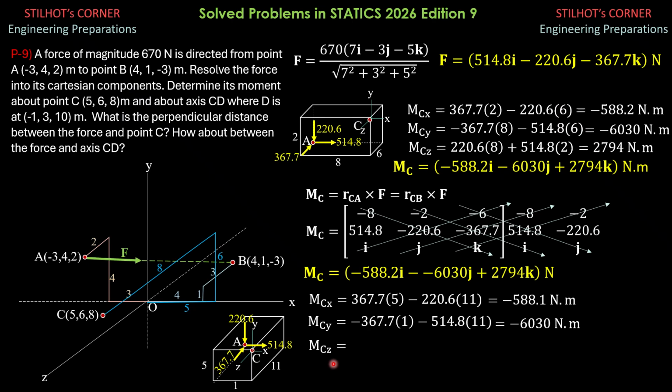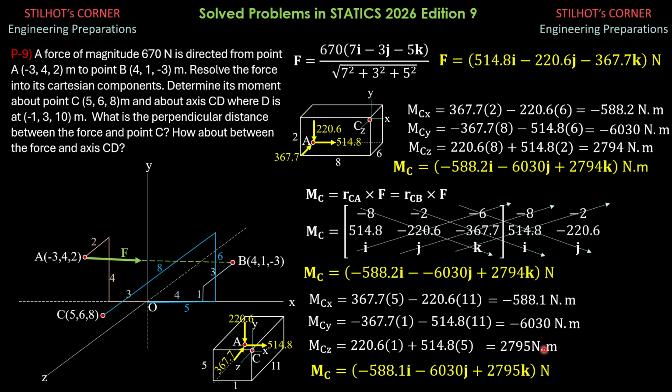So MCz is 220.6 times 1, plus 514.8 times 5. So it is 2795 Newton meter, practically equal to 2794. It's a matter of rounding of values. So that's why M sub C in vector form is negative 588.1 i, negative 6030 j, plus 2795 k Newton meters. So that's it for this part.